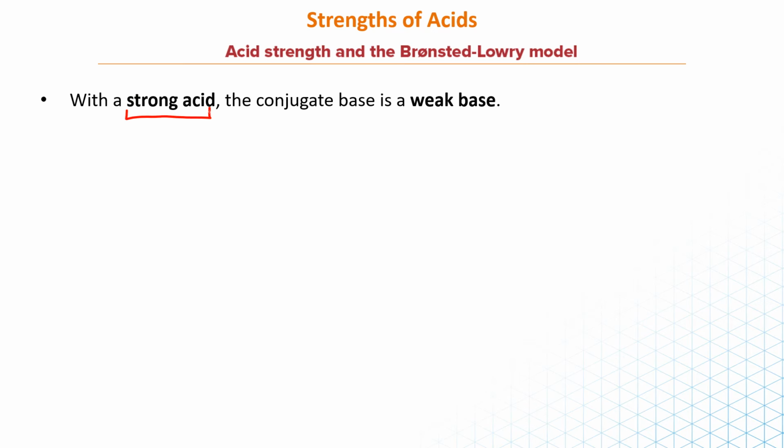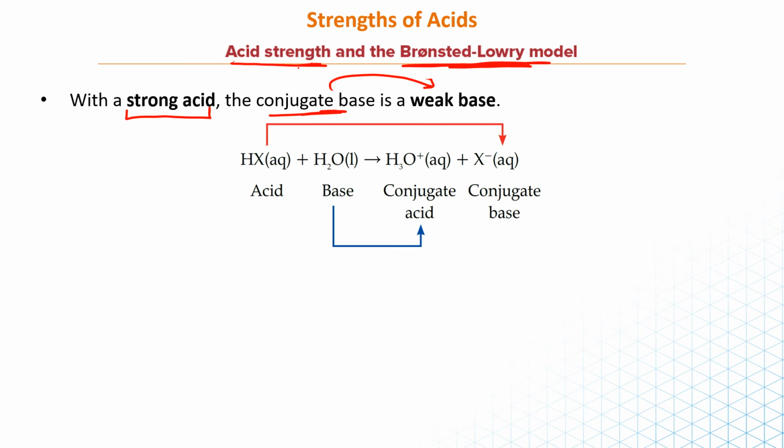With a strong acid, the conjugate base is a weak base. So we are talking about acid strength in the Bronsted-Lowry model, guys. Okay, just for you to remember. For a strong acid, the conjugate base is a weak base. So for example, we saw this equation in the previous lesson where HX plus H2O gives me H3O plus and X minus. So this is the conjugate base, right? So it's a weak base.